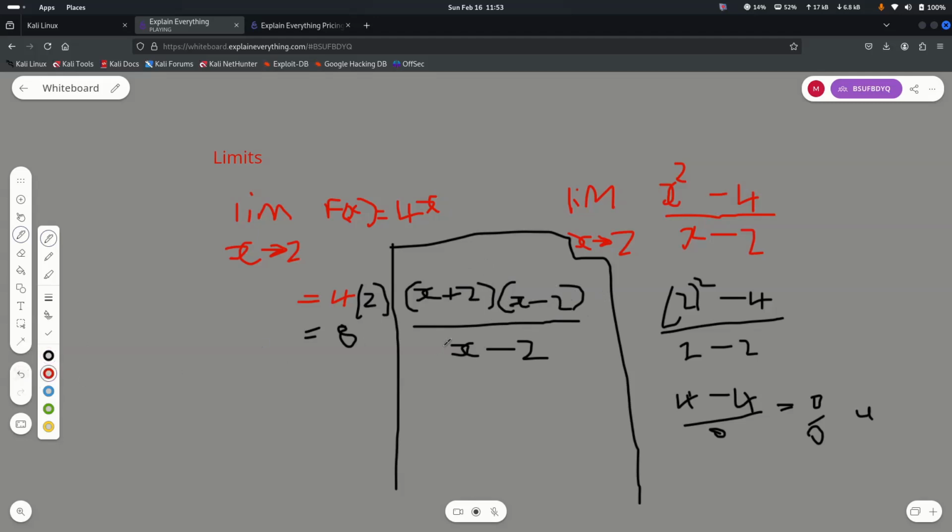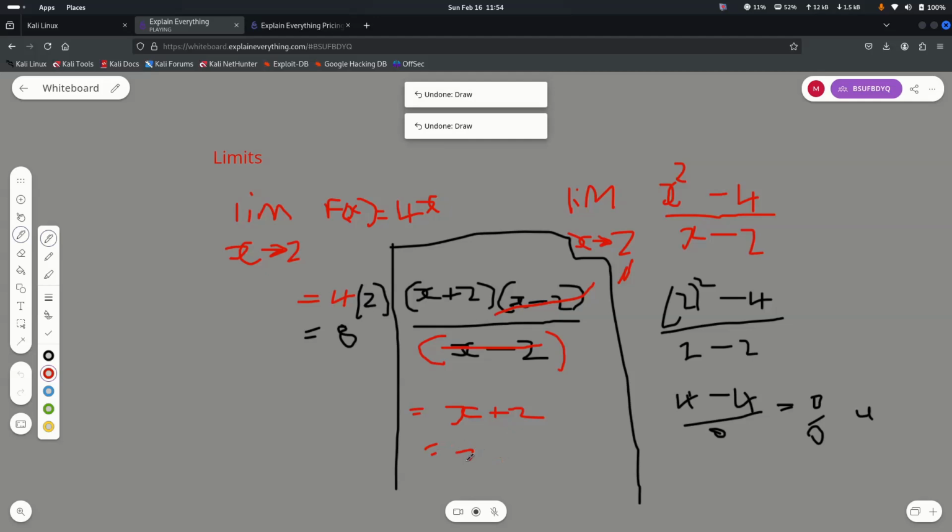So we have to cancel this out, now that this bracket is the same as this one. Then we are going to be left with x plus 2, right? Meaning now we have to take our 2 and plug it in wherever we see x.